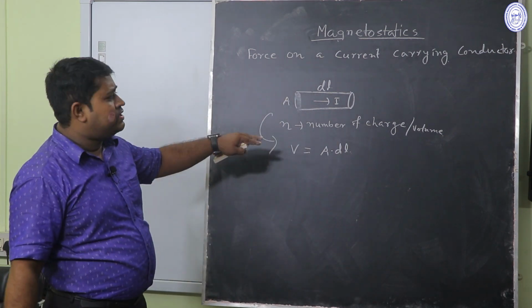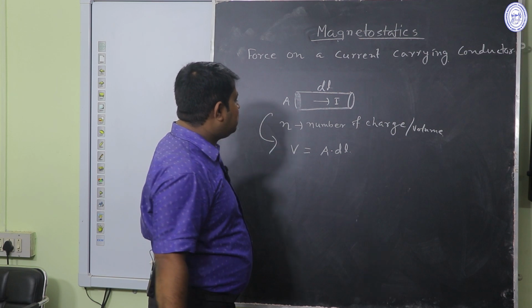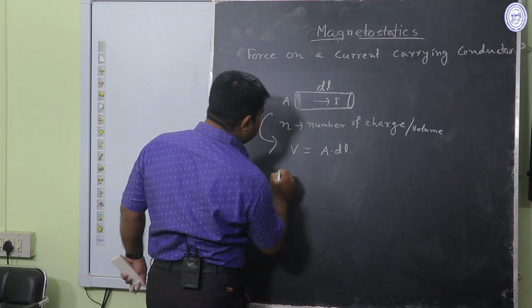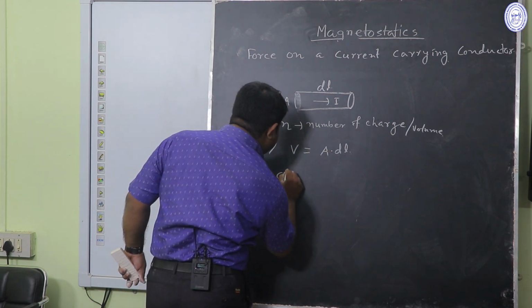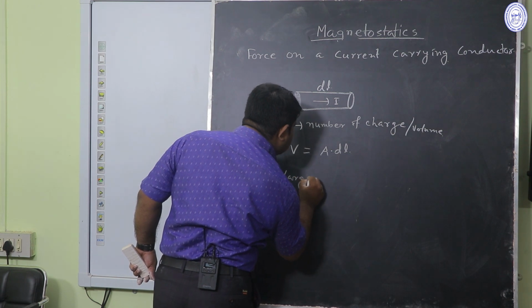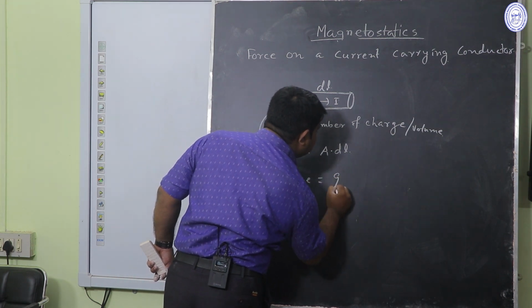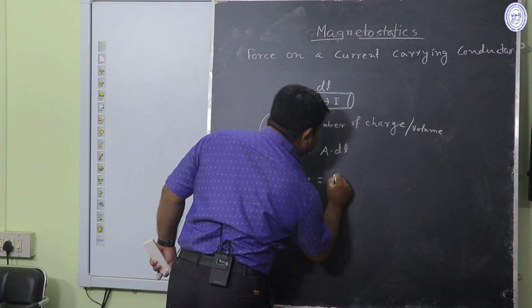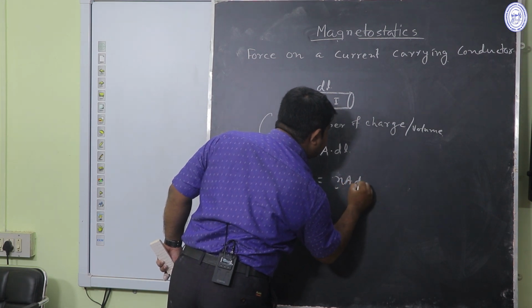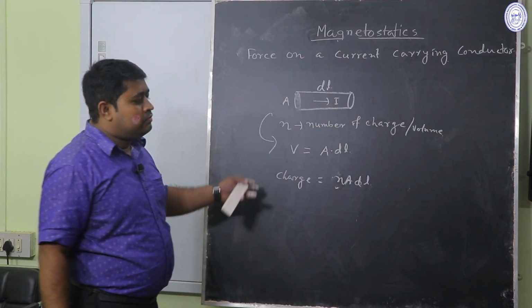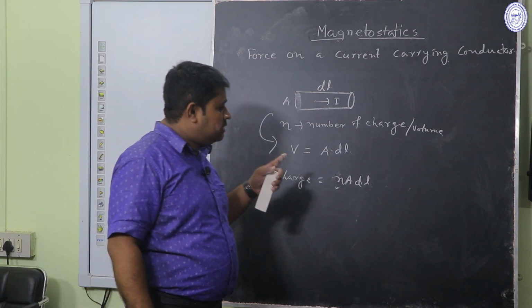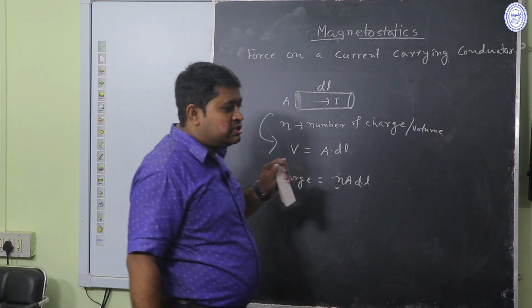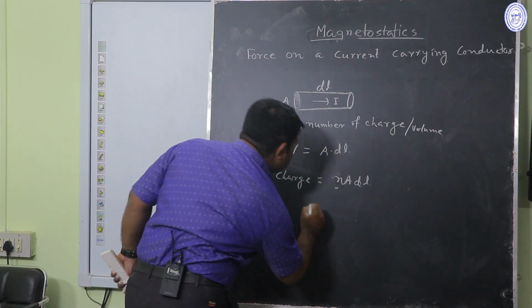So the charge contained within this elementary conductor is equal to n A dl.